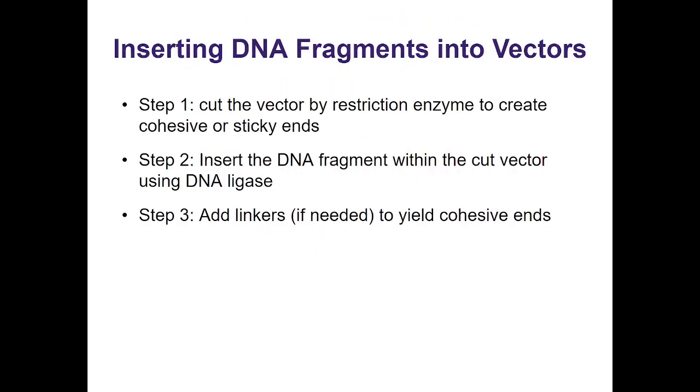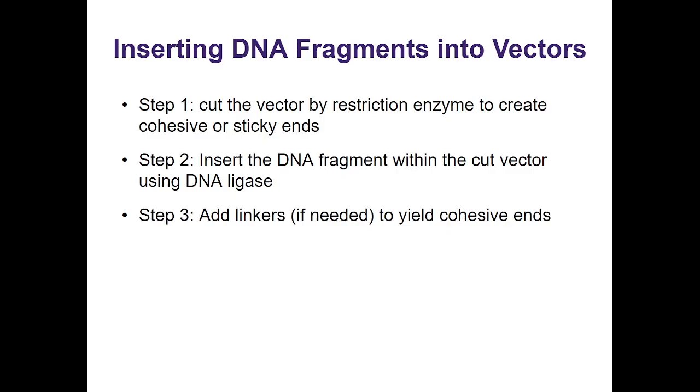So inserting DNA fragments into vectors. Step 1, you'll cut the vector open. So you cut the vector by the restriction enzyme to create cohesive or sticky ends, because we need to insert something in it. First step, cut it open, right? What do you think sticky end might mean? Exactly.